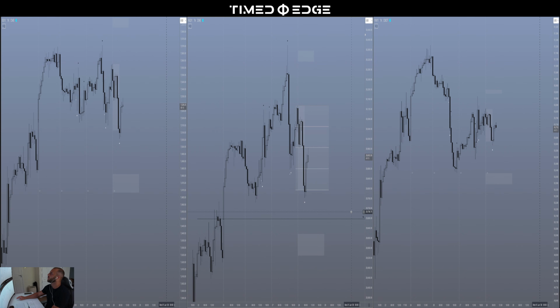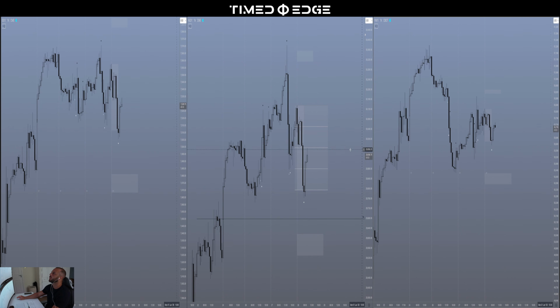Okay, so that's reacting off the 50% there. We're reacting exactly. Let's see how the price is trading into that mean reversion there on all of this.